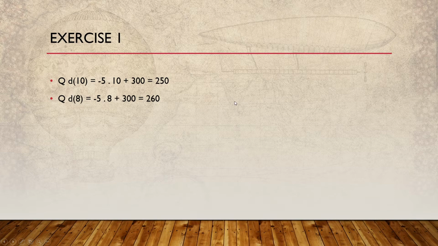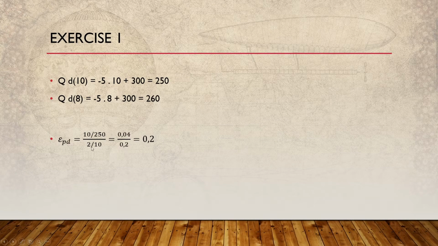Okay, now we have all the information we need, and we can go on to calculate the price elasticity. So I hope you remember, over here in the numerator, we will have the change in demand. So the change obviously is 10. We will divide that by the initial demand, so this is 250.